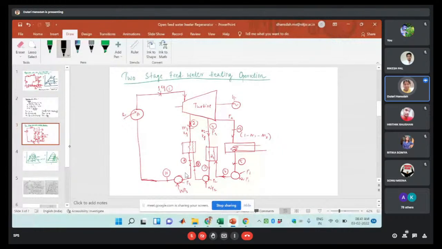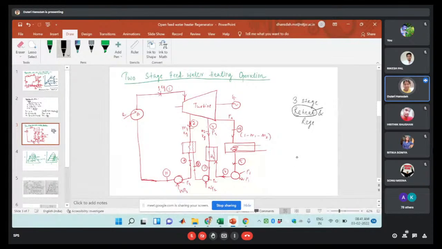In a modern power plant, we are using three stages of feed water heating, and we are using the combination of the reheat and regenerative cycles. If you remember, we have already studied the reheat cycle. In the reheat cycle, we are mainly focusing on increasing the work output or turbine specific power output, so we followed two stages of expansion.